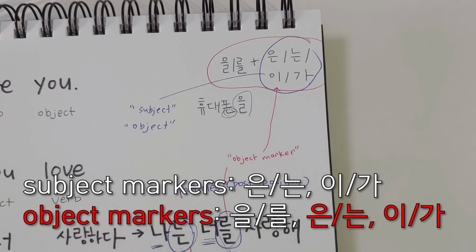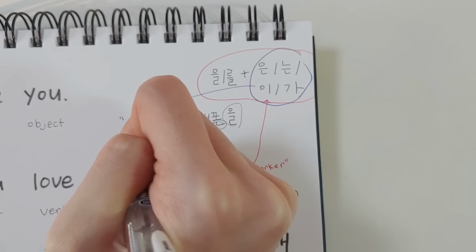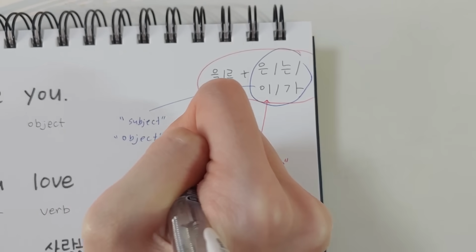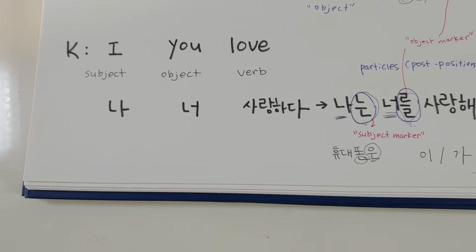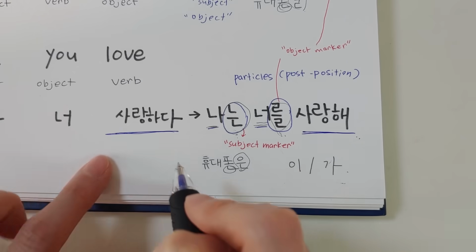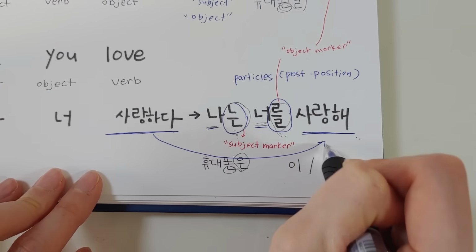And in this case as well, each conveys slightly different meaning. This also has to be dealt with in a separate lesson. So for now, just having the knowledge of what a subject marker is and what an object marker is would be enough. Let's move on to the most exciting part, the verb 사랑하다 changed to 사랑해.